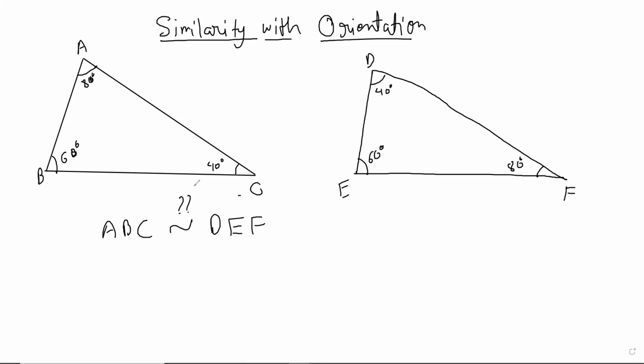Let me ask a more concrete question. If I tell you that AB is 2 and this other thing is 4, and you can change the numbers, let's say DE is 3, then how would you find EF?